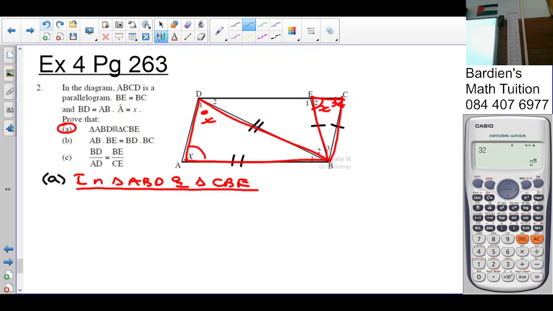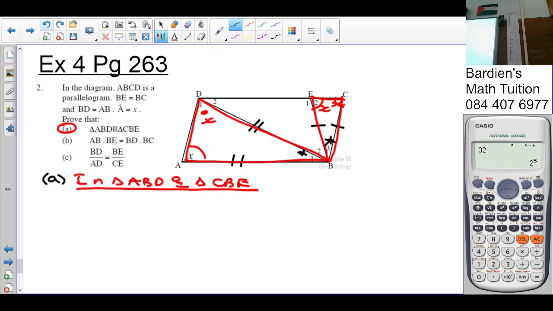Which results in angle D1 being equal to angle E2, which is equal to angle x. So there we have a second angle. Which angle are we left with? We are left with B1 and B3. So B1 is equal to B3. Why? The third angle of a triangle.